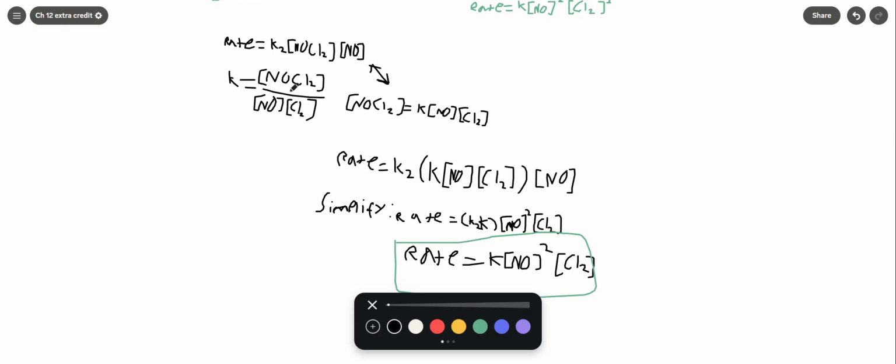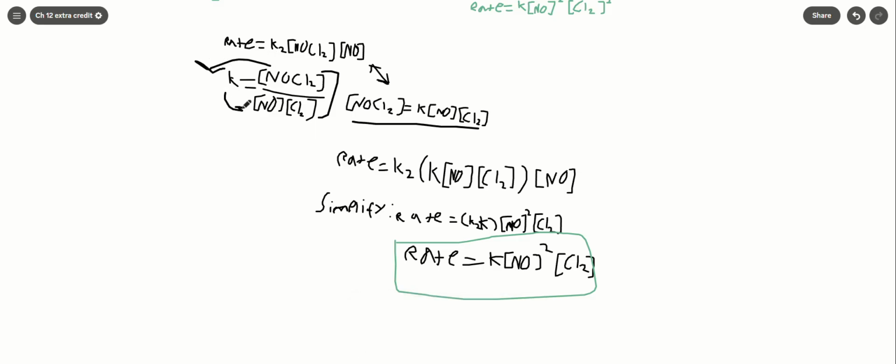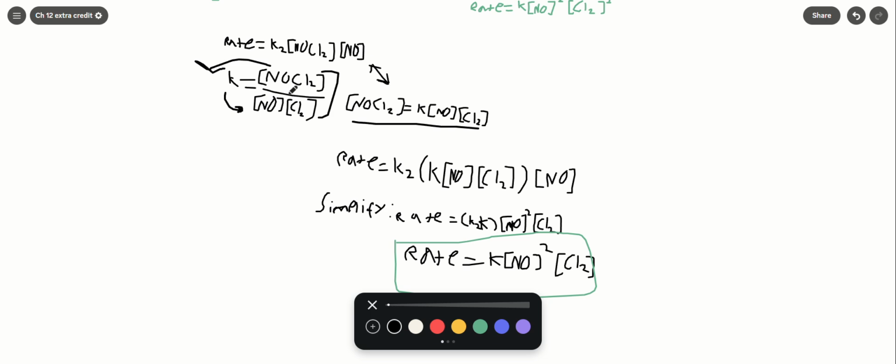Since it's an intermediate, we put it into the reactant form, and that would create this by solving that. You put NOCl on this side and K on that side, since you need K on the right side with NO and Cl2 in the rate law form.